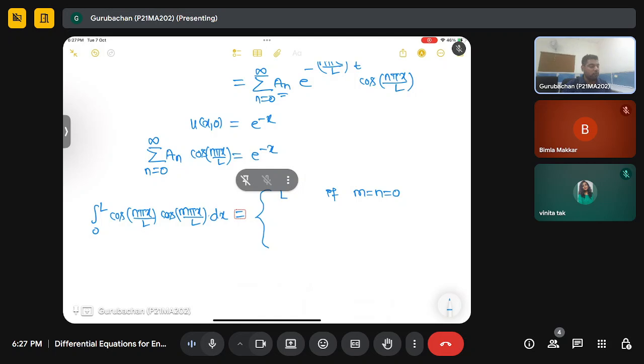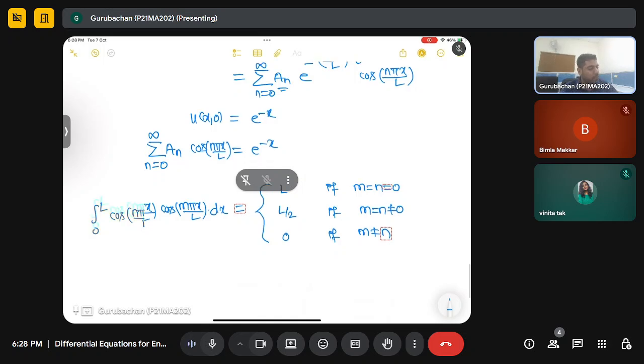If both are 0, then obviously you will integrate the function 1, and the integration of 1 is x, from 0 to l it will be l. It will be l by 2 if m equals n but not equal to 0. That means m and n are equal, and then you will get cos square n pi x by l, which by the half angle formula you can convert into cos 2n pi x by l. It will be 0 if m is not equal to n. For any other possibility where m is not equal to n, this integral is going to be 0.